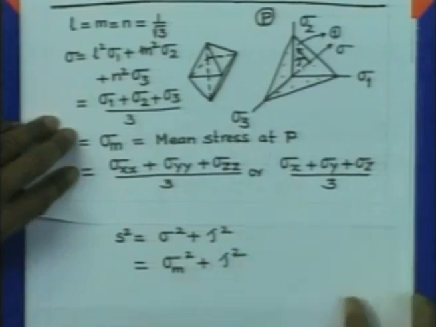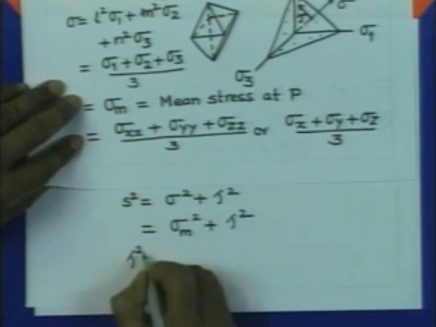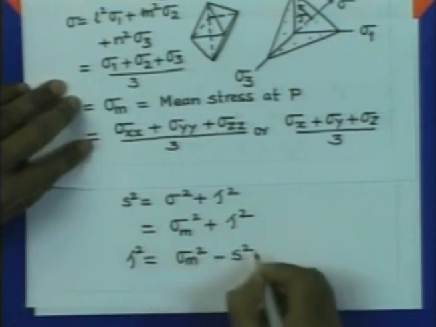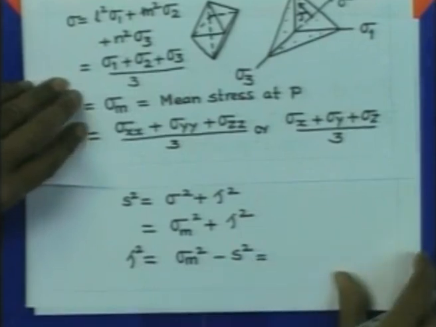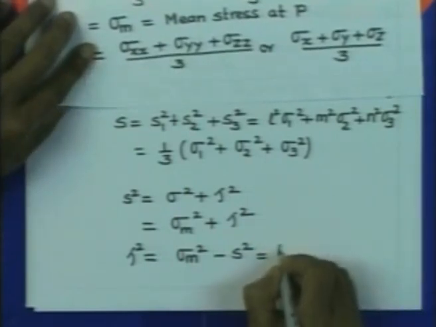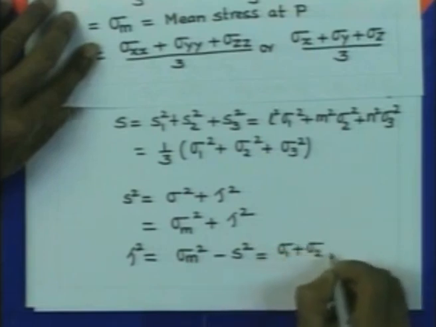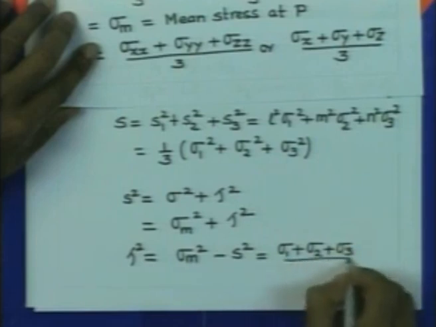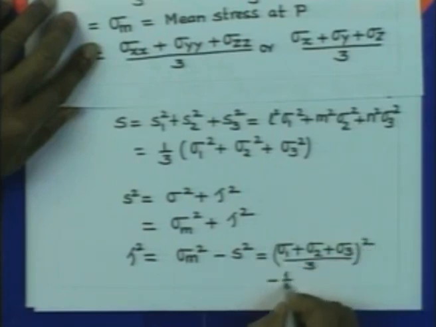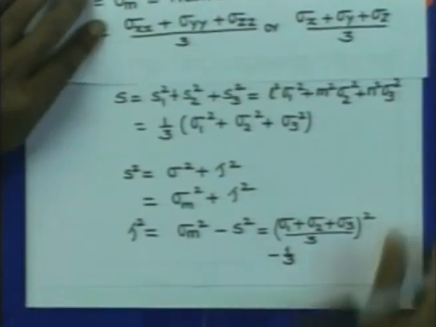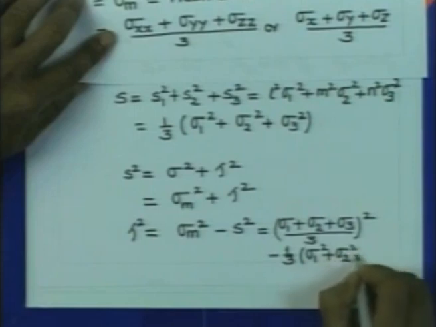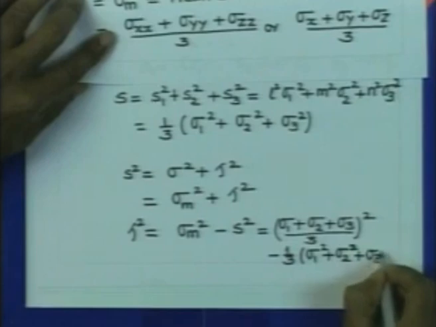So, we can now get tau square is equal to S square minus sigma m square, and if we substitute the value we have gotten earlier, it is nothing but sigma 1 plus sigma 2 plus sigma 3 by 3 whole square minus 1/3 sigma 1 square plus sigma 2 square plus sigma 3 square.